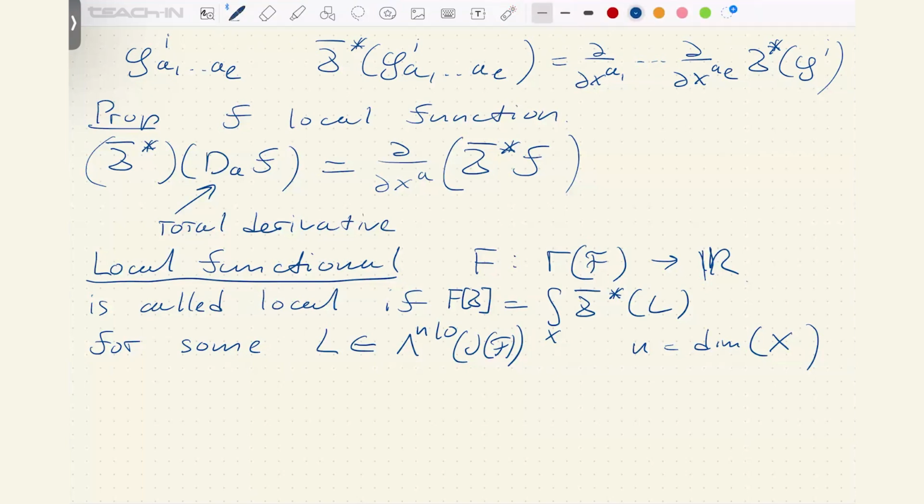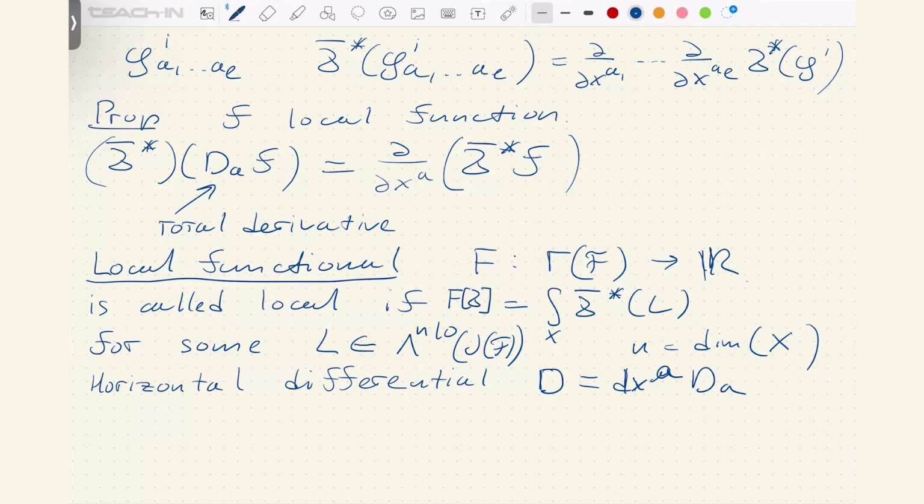So it means that we introduce a horizontal differential, let's call it d_h, or just capital D, which is dx^a D_a. So it's precisely like the de Rham differential, but where the derivative is replaced with the total derivative.